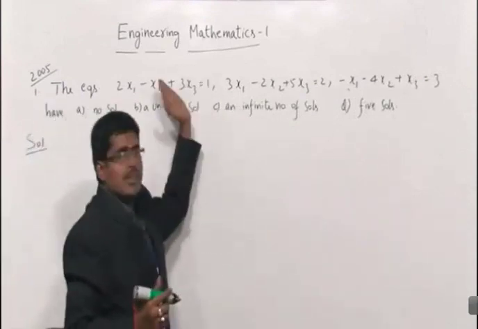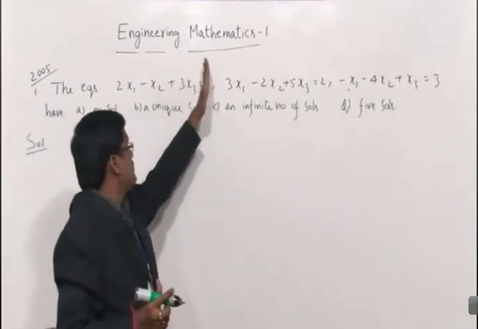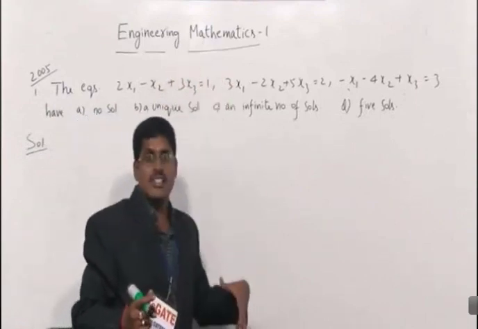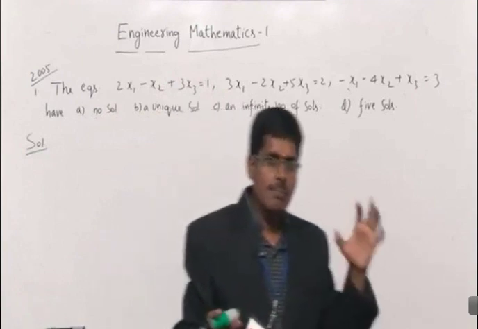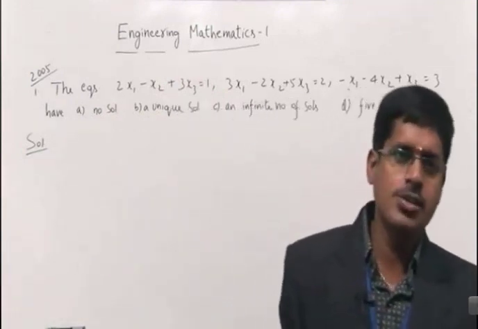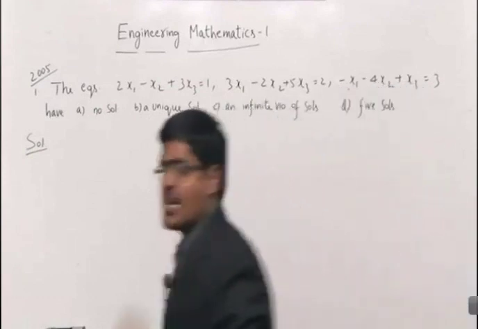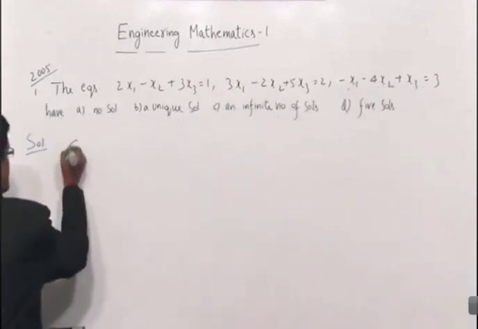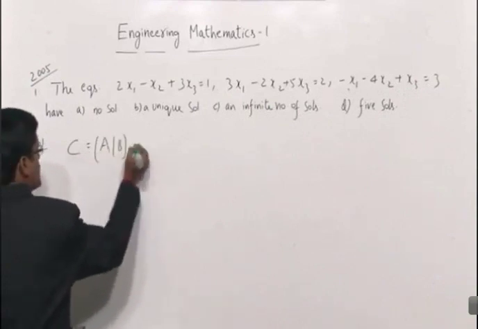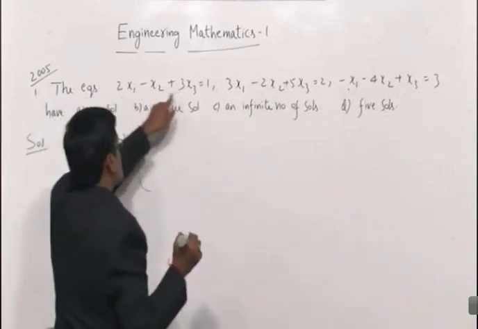Sometimes, for the purpose of confusion, all the numbers belong to the left side and the right side is given as 0. Don't get confused. Bring whatever numbers are present in the problem to the right side; only then is it called the standard form of the equations. So your first step: the C matrix is the combined matrix of A and B. What is A here?